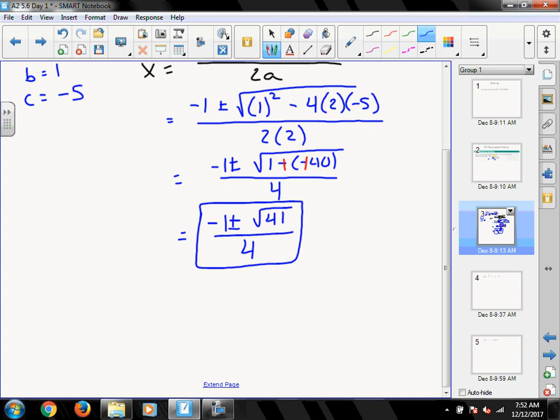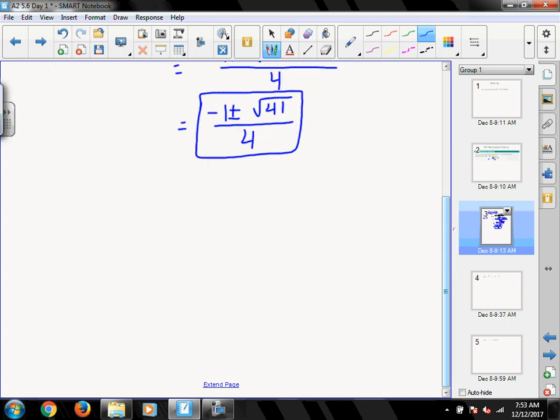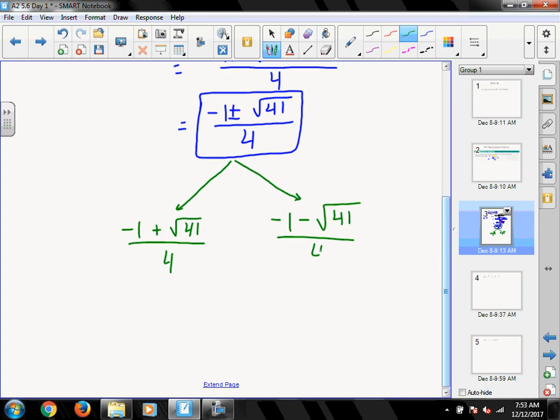If you want, you can split it up into 2. So if that square root of 41 came out to be a nice perfect square root, you would break it off into two separate equations where you'd get negative 1 plus the square root of 41 over 4 and negative 1 minus the square root of 41 over 4.